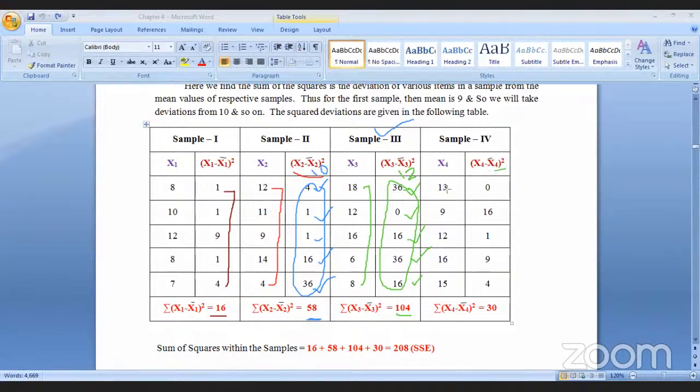So 13 minus 13 is 0. 9 minus 13 is 4, 4 square is 16. 12 minus 13 is 1, 1 square is 1. 16 minus 13 is 3, 3 square is 9. 15 minus 13 is 2, 2 square is 4. Then you will get this value, that is 30.